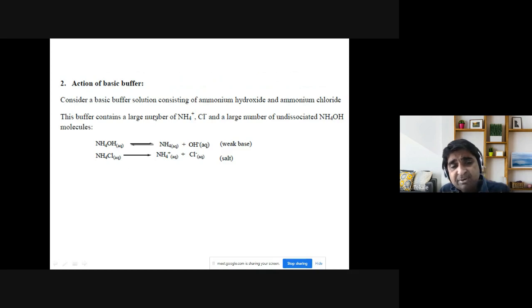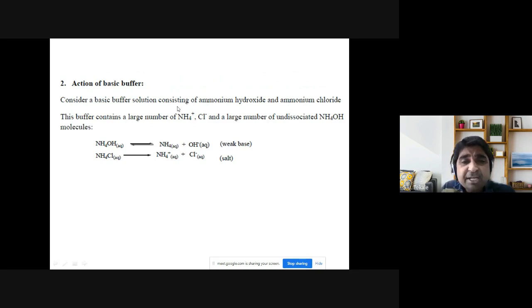In the acidic buffer, we have seen that it is an equimolar mixture of a weak acid and its salt with a strong base. A basic buffer likewise is an equimolar mixture containing a weak base, let us suppose ammonium hydroxide, and its salt with a strong acid, that is ammonium chloride.